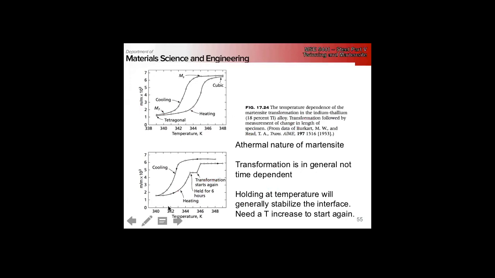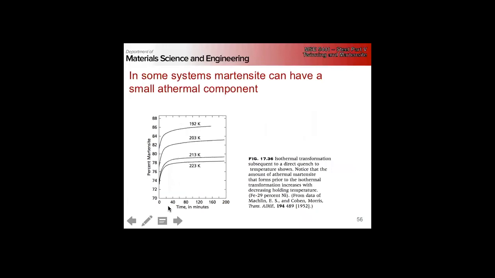If I manage to get to the martensite start without forming any other phases, if I could get down to the martensite start quickly enough that I miss the nose on my TTT curve, does it matter how fast I cool through my martensite region? No, right? It only matters what my temperature is, to a first approximation, because we then showed that some systems, like iron nickel, get a small amount of isothermal transformation after.